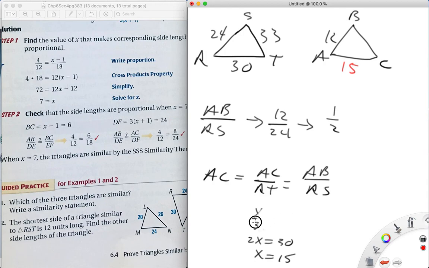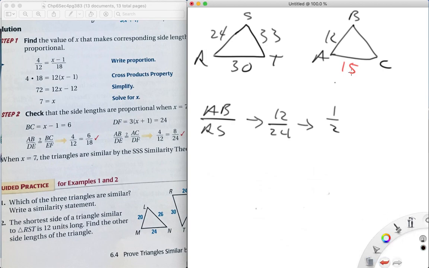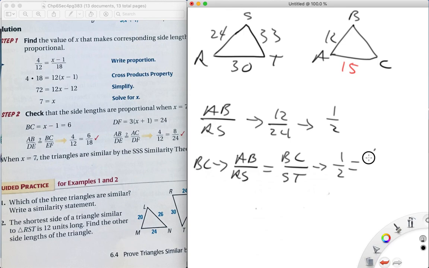Alright, and then we can do the same thing for BC. So again, AB over RS is equal to BC over ST, and that would be 1/2 equal to x over 33.